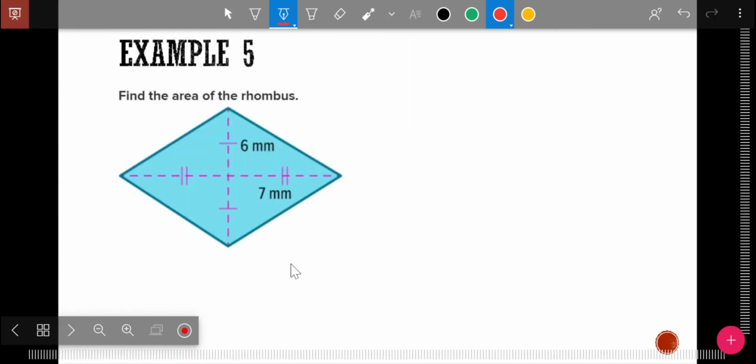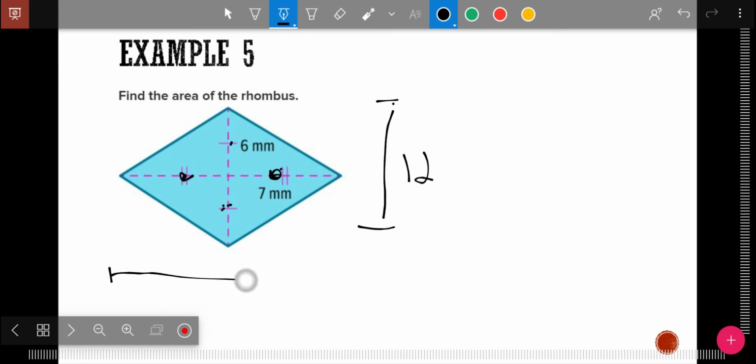And so this 6 is just this little part. So if that's 6, then this little part down here is 6. So the one diagonal from here all the way down must be 12. And then from here, if that's 7 right here, then this has to be 7 over here. And so all the way across must be 14.